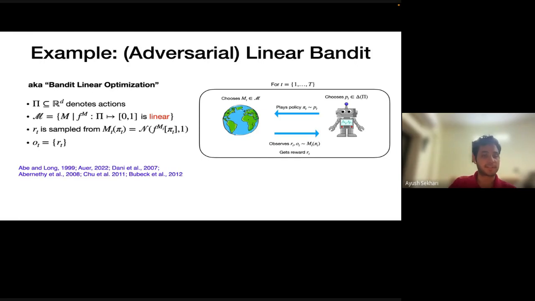For example, the policy space could be vectors in R^d, and the model class could consist of models whose expected mean is a linear function over this policy class. Now, every time you play a policy or a vector in R^d, you get back a reward RT corresponding to a noisy sample on the linear function f of MT, pi t. And again, here the observation is precisely the reward.